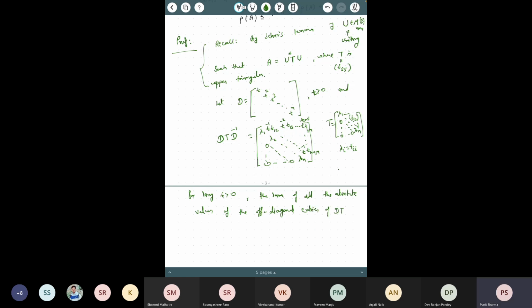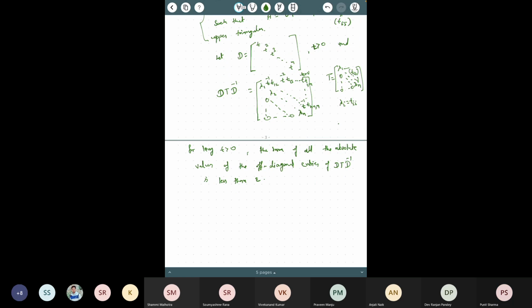Or in particular, if I look at the operator 1 norm of this D T D inverse, you tell me what it would be, or what we can say.